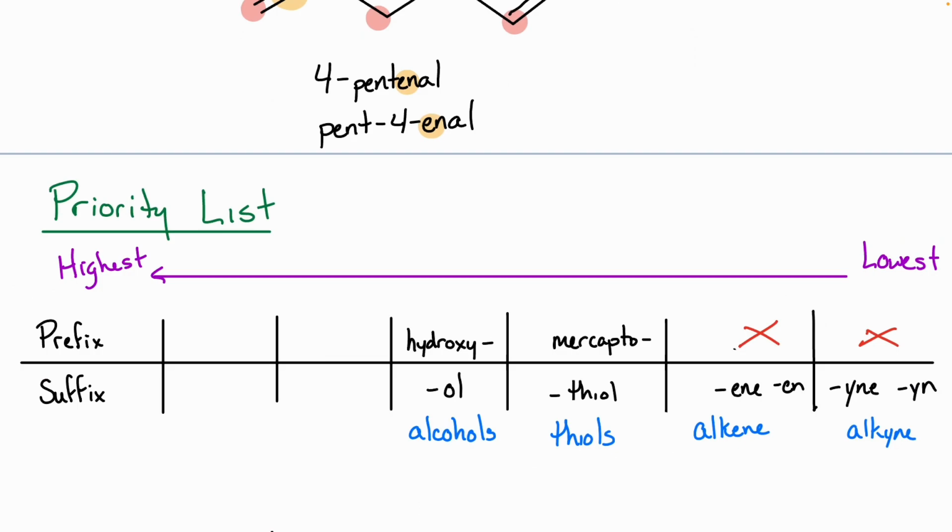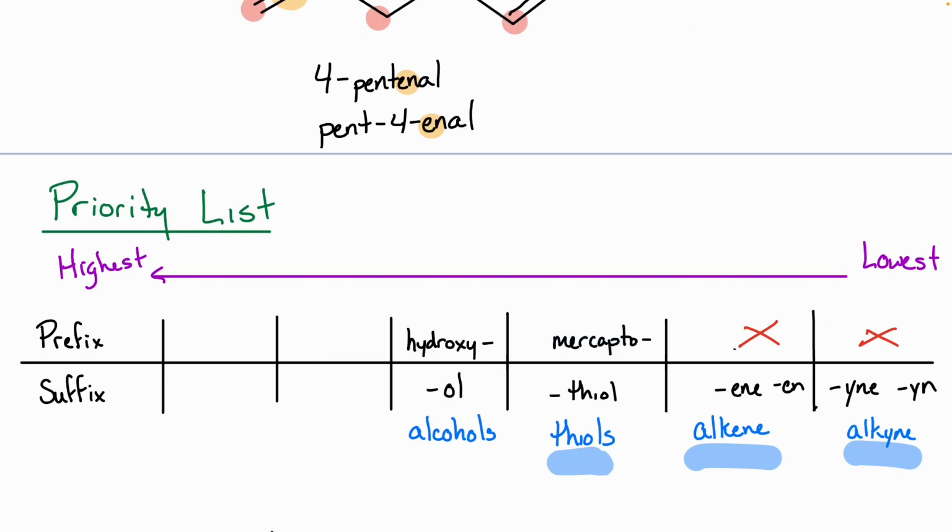At the lowest end, we have our alkynes and our alkenes. And then we talked about how thiols were lower on the priority list than alcohols. So remember, if a molecule had both an alcohol and a thiol in it, the higher priority group, the alcohol, gets referred to by its suffix, and the lower priority group gets referred to by its prefix. It becomes a substituent.